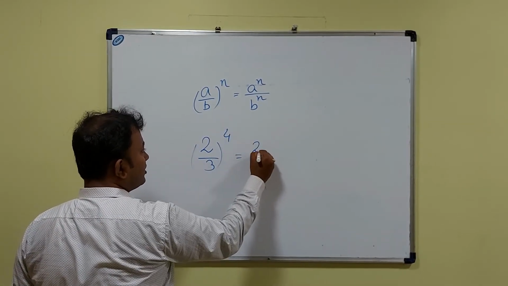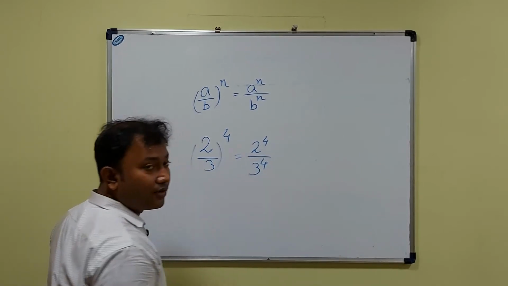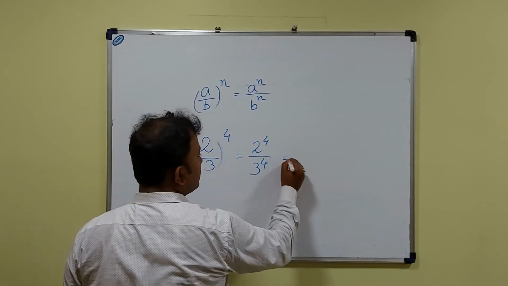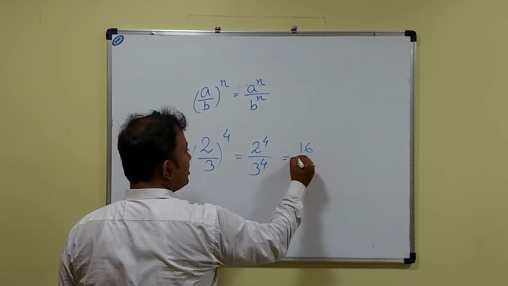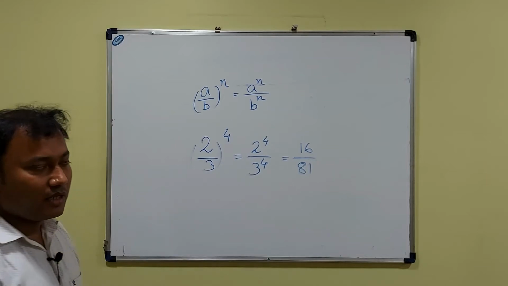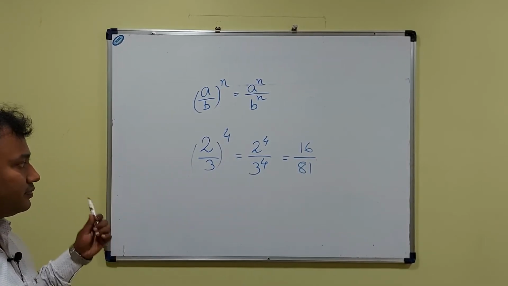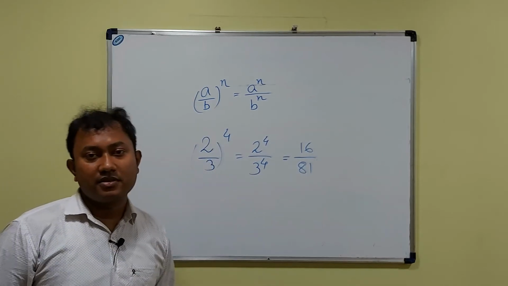So this means 2 to the power 4 by 3 to the power 4. So this means 16 by 81. I hope you have understood this.